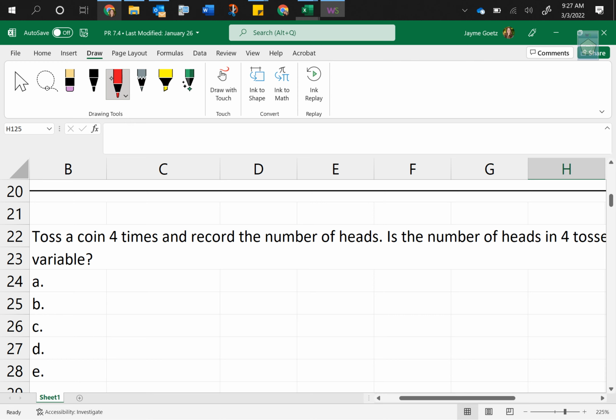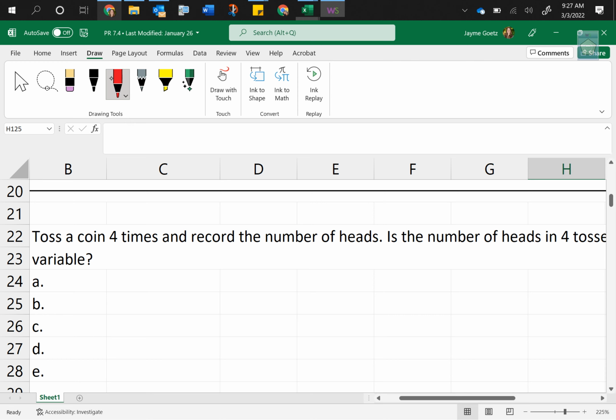The third rule: the probability of success on any one trial is denoted by P and does not change from trial to trial. We said the success was tossing heads. What's the probability of getting heads when you toss a coin? 1/2, 50-50. So the probability of success is going to equal 0.5 or 1/2. What's the probability of failure?